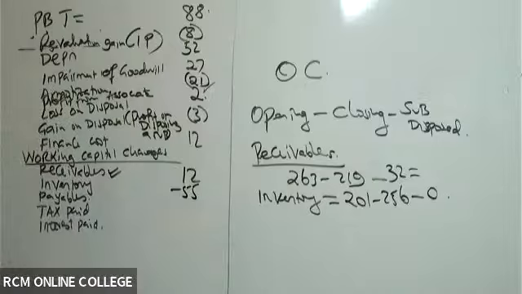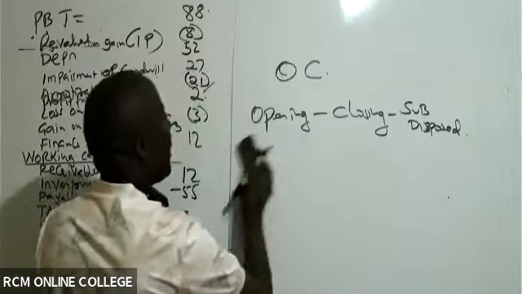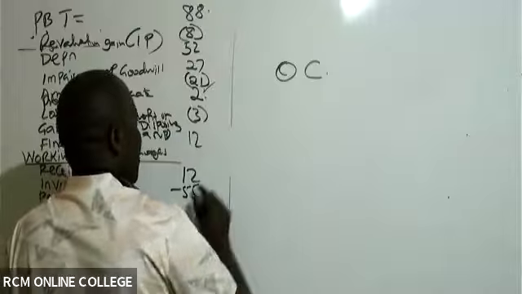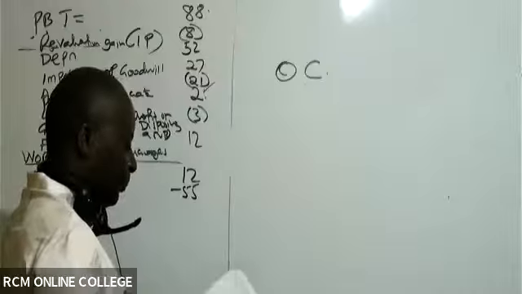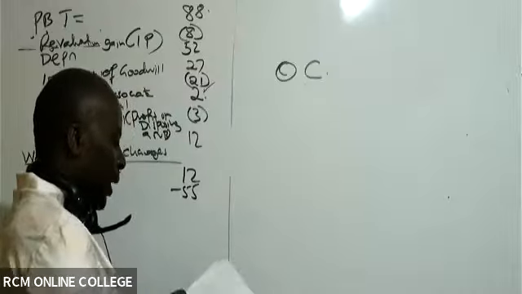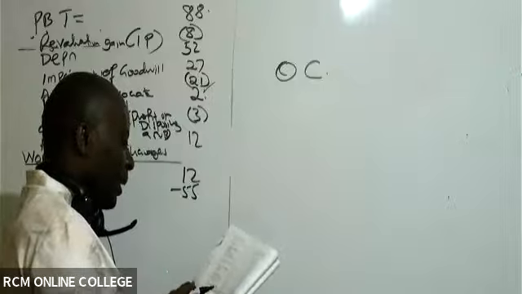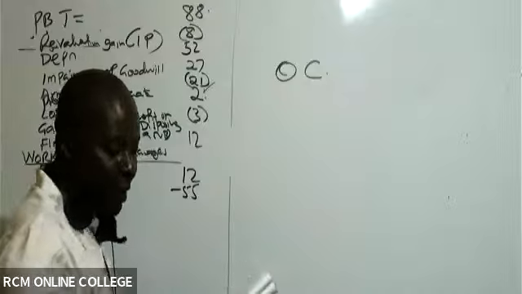Now for payables, not many will get payables easily. So for payables, you must be quite knowledgeable. Are you able to see the opening payables under current liabilities? Yes, 486.